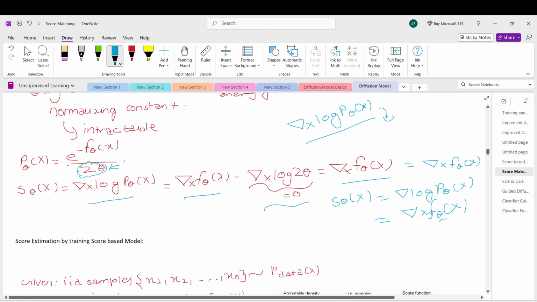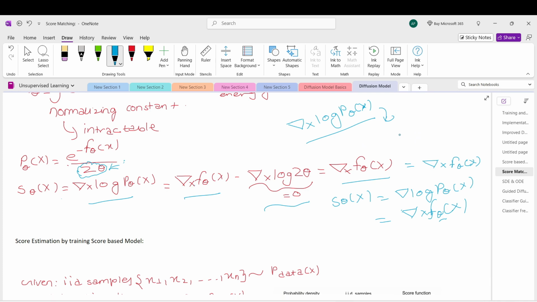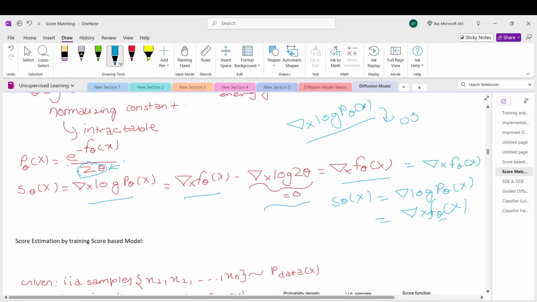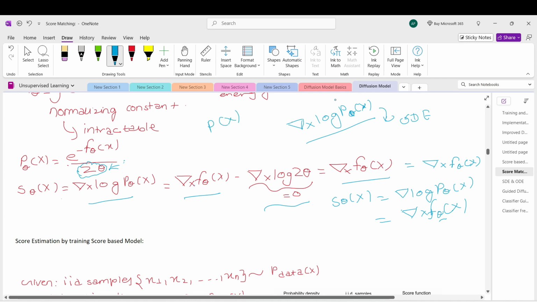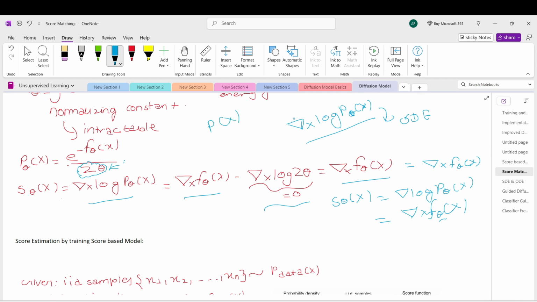We can generate samples using Langevin dynamics, and we can also apply SDE approaches which require the score while reversing the diffusion process. So we need these quantities to generate data. You can think of this quantity as very essential, and if we don't have the real p of x, it's okay. We will employ this to generate samples and make our generative models. So this is the main process here.